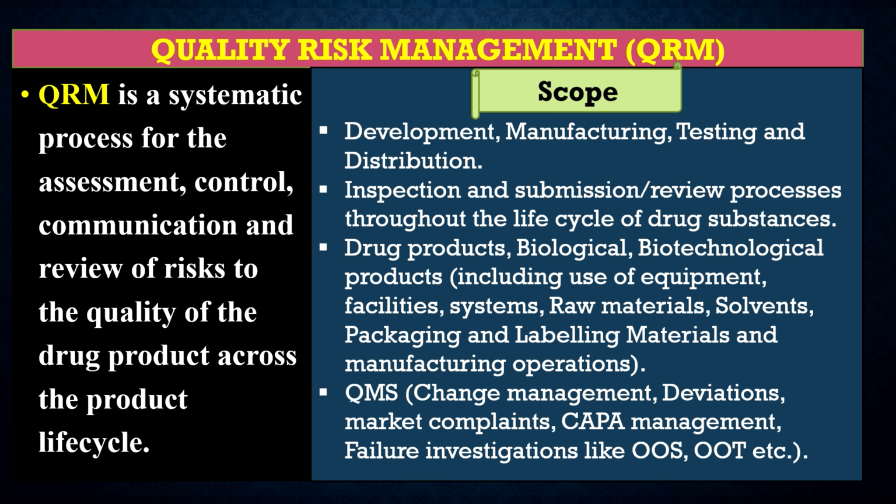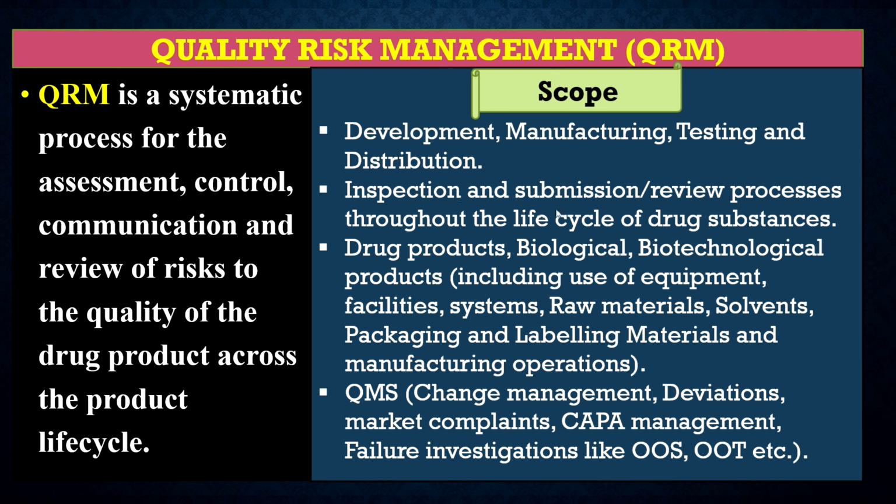We need to assess all the aspects in the manufacturing industry, from the development stage to distribution, from receipt of the input raw material to the release of the product to the market. Every aspect: development stage, manufacturing stage, testing and distribution stage, and we need to assess each and every aspect.